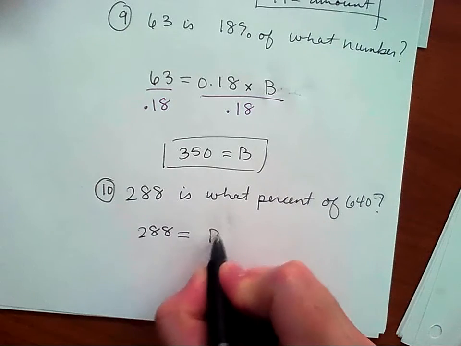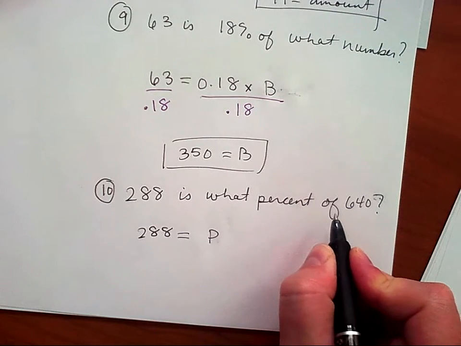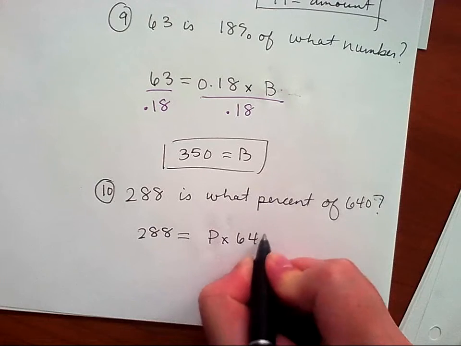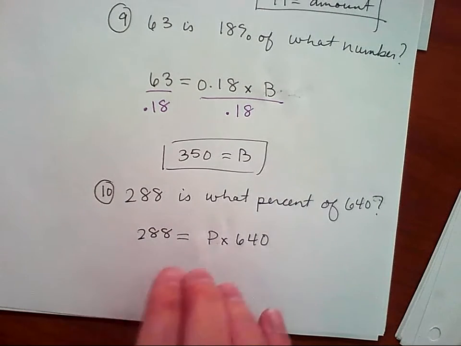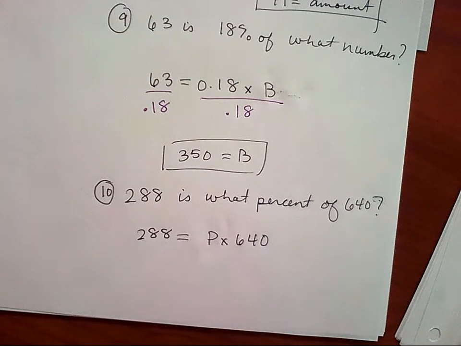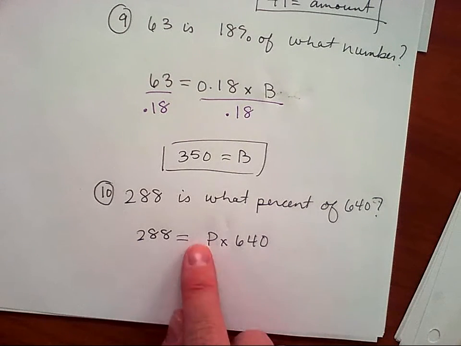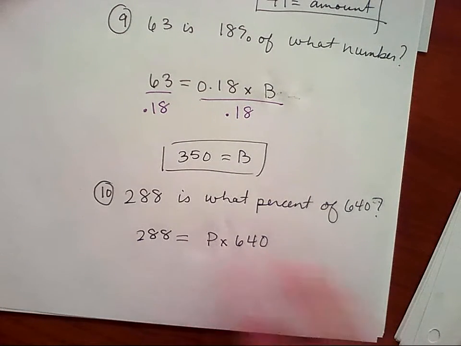Is what percent of 640? Of is what operation? Times 640. Okay, linear equation. I have one variable to the first power. I need to get that variable equals a number, right? So this is P times 640, so I'm going to divide both sides by 640.